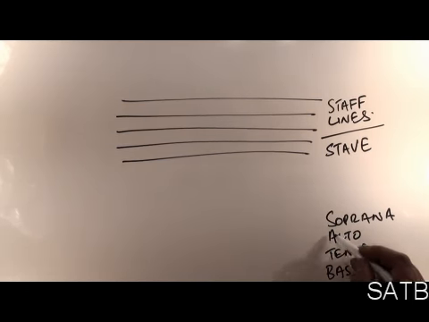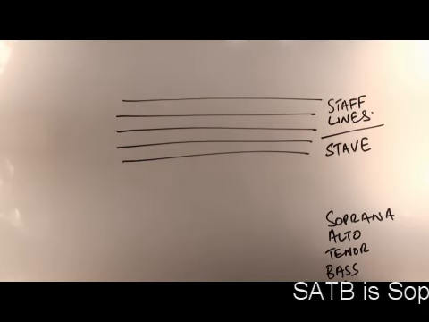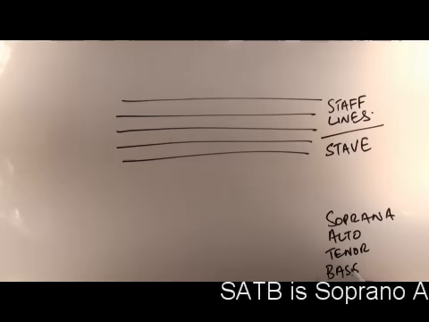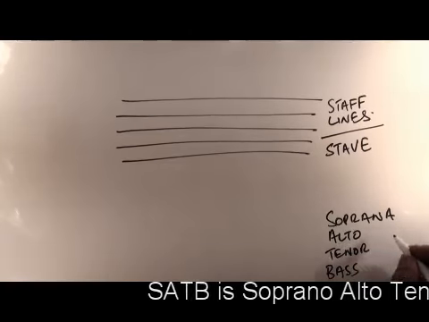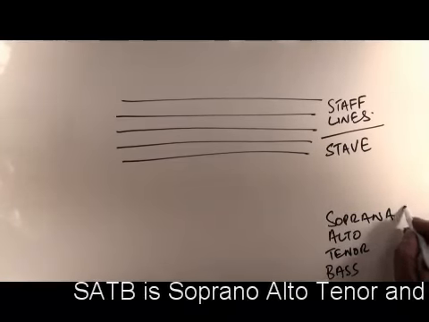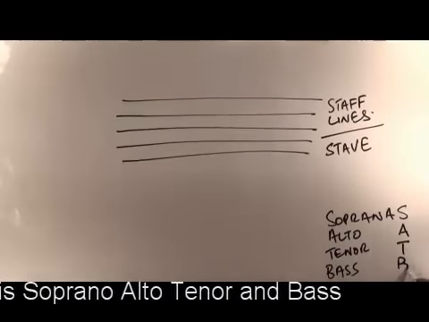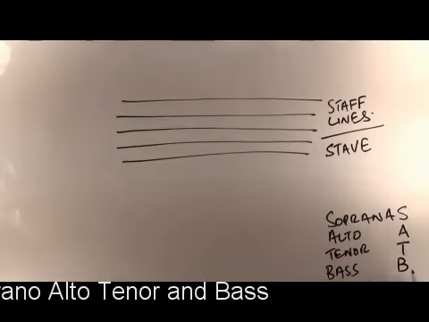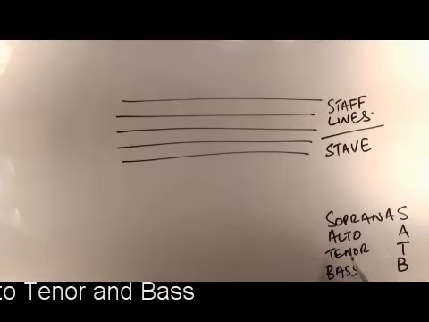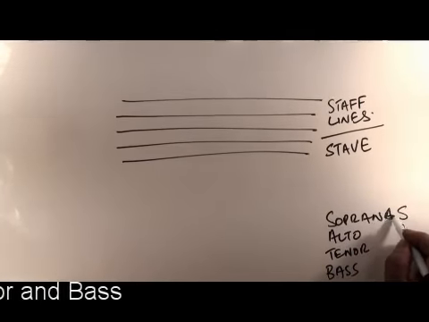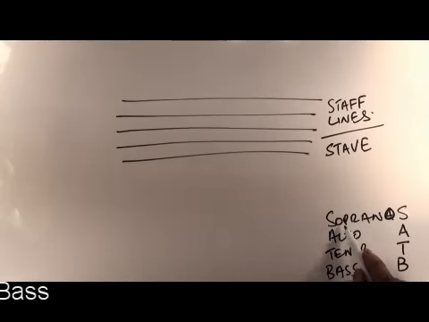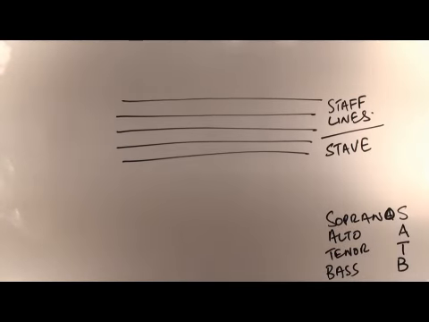Bass, tenor, alto, soprano, and that's abbreviated from the top down as S, A, T, B. So we call that S-A-T-B, where we represent voices in 4 groups. Soprano, sorry, S-O-P-R-A-N-O, soprano.